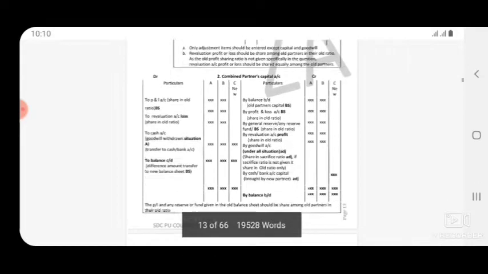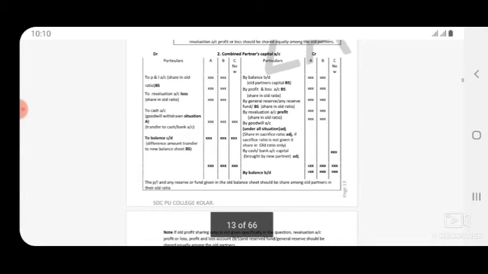Next, partner's capital account. Now this is the combined partners capital account. First we have to record the three items which are given in the balance sheet: the capitals of old partners, and the accumulated profit and loss, that is general reserve fund and profit and loss.